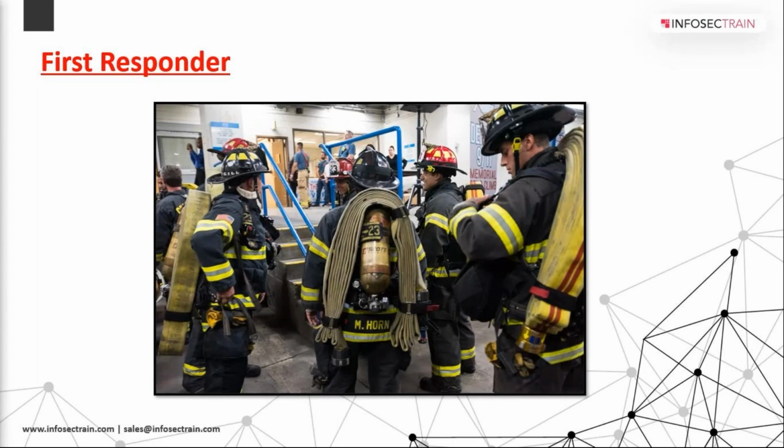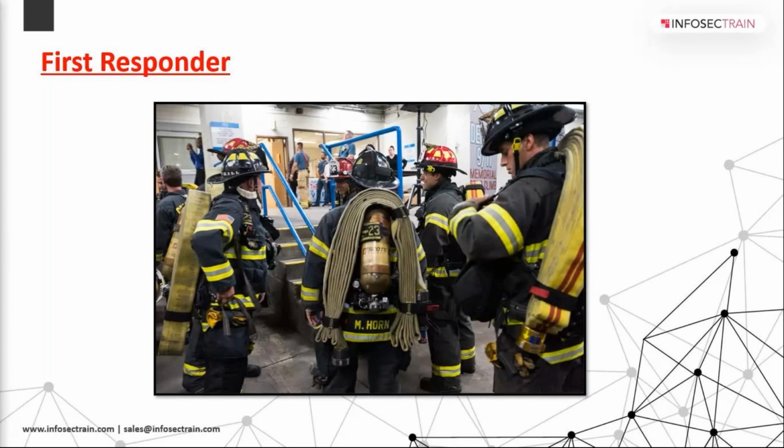These are individuals or a team within an organization who are trained to handle this kind of situation. They have gear in place. You can see that in this scenario, the suit they are wearing can withstand hundreds of degrees of temperature, and they have an oxygen cylinder.